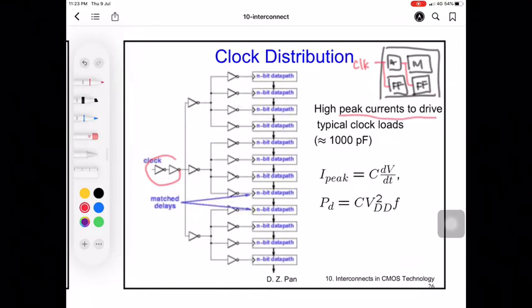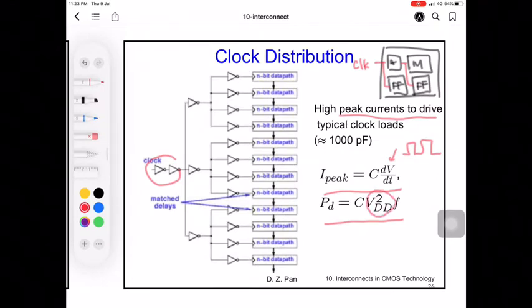The peak current here is related to the capacitance and the difference in voltage over time. So this is dependent on the clock speed or the switching speed of the chip. The power is also related to the capacitance, the square of the VDD, and the frequency of the switching.